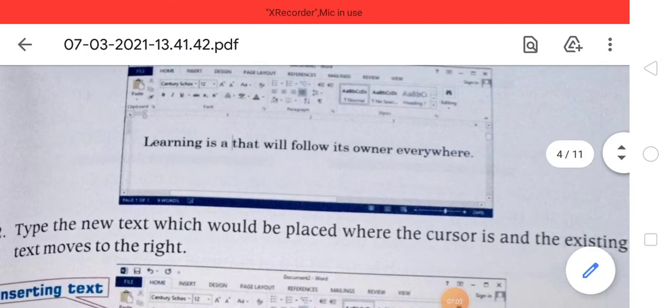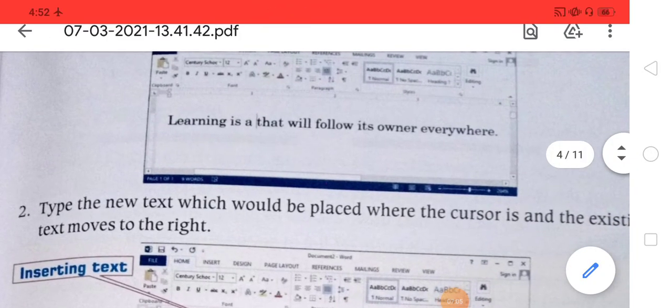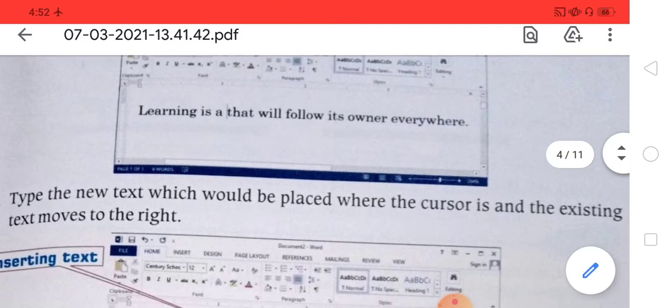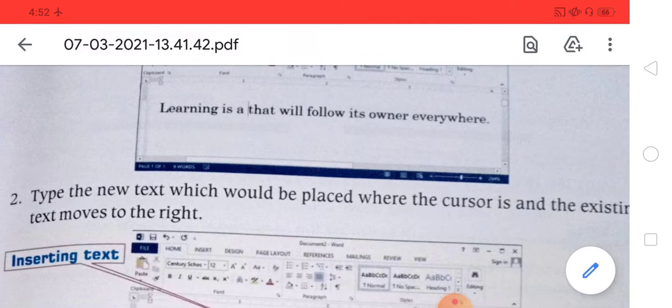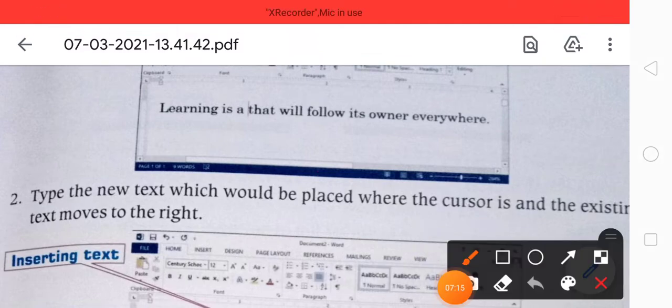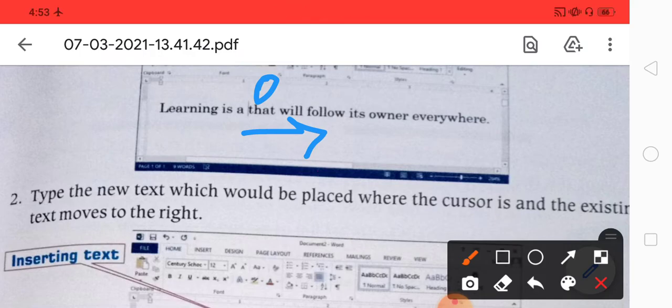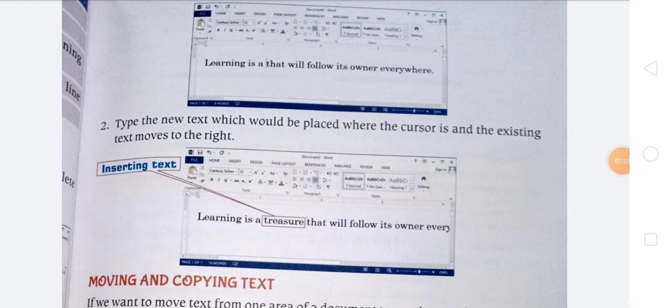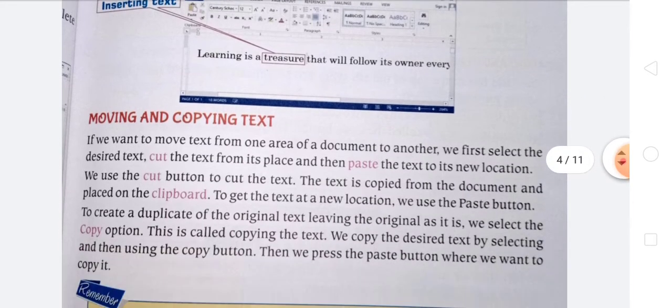Now type the new text you want, and the existing text moves to the right. Here you can see A, and before that the new text is inserted.